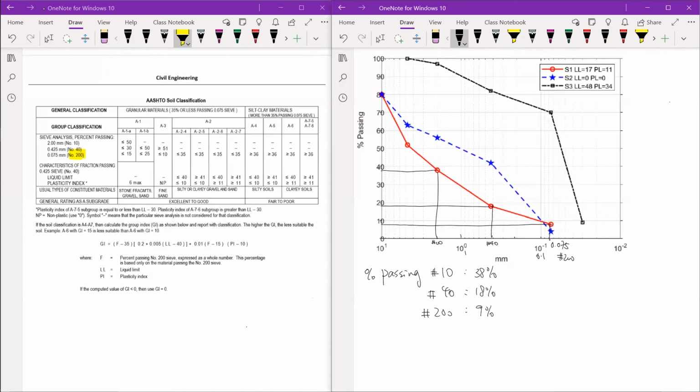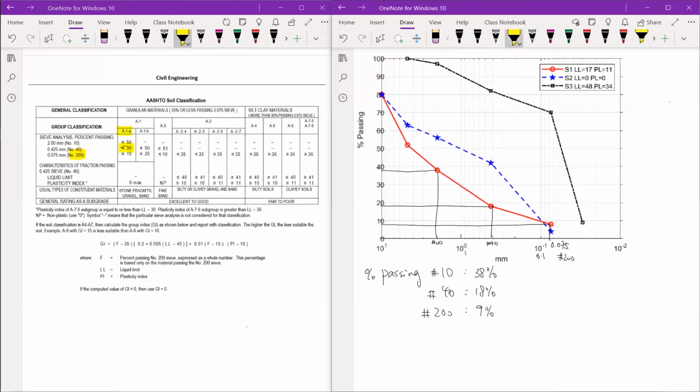We need to fulfill the case under 30%, which is here. And we checked that our percent passing is 38%, which is less than 50% right there. So we can call the group A1-1.